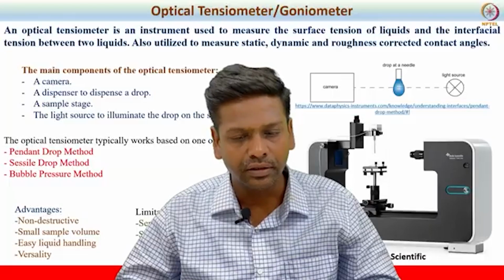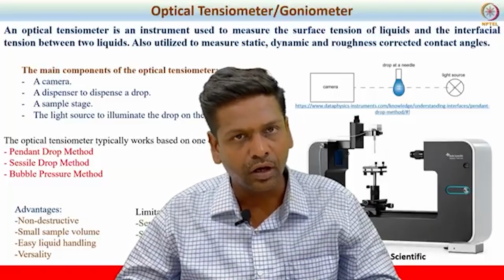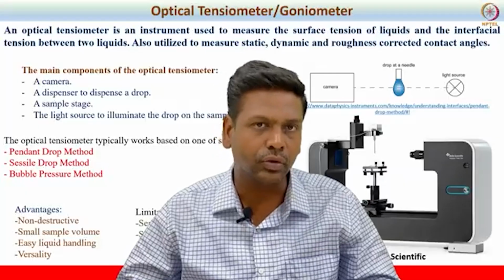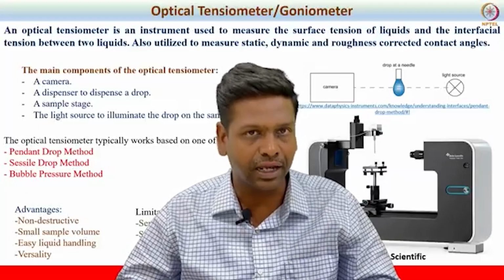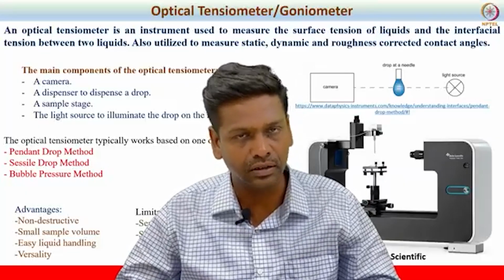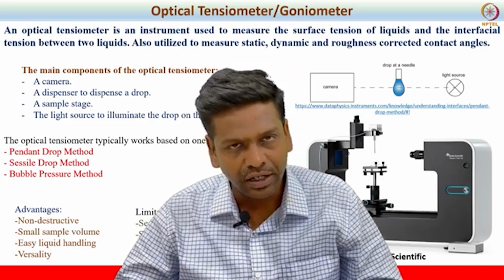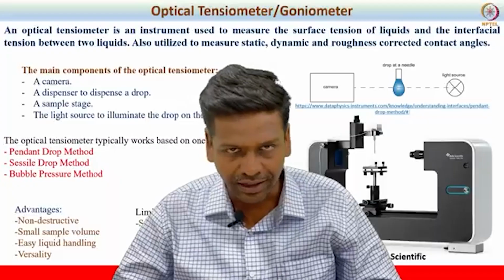Sometimes optical tensiometer is also called a goniometer. In Greek, gonio means angle and meter means measure, so collectively it is called a contact angle meter.